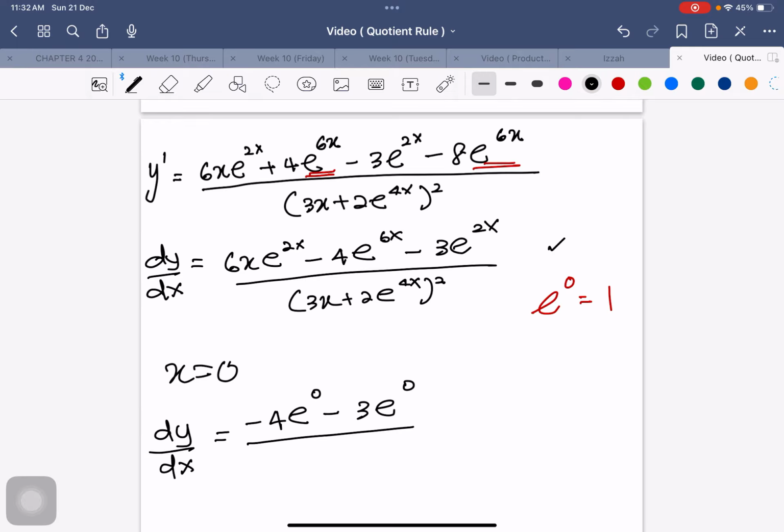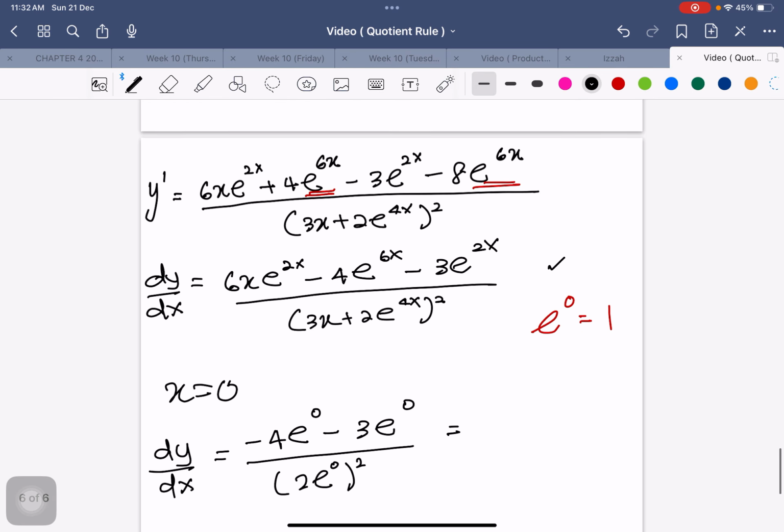So, you only have 2 exponent 0 squared. So, you know, e to 0 is equal to 1. So, you will have negative 4 minus 3. So, this one will give you negative 7 over, e to 0 is equal to 1, 1 multiplied by 2 will give you 2, 2 squared will give you 4. So, this will be the last answer.